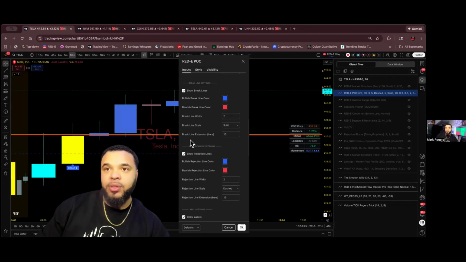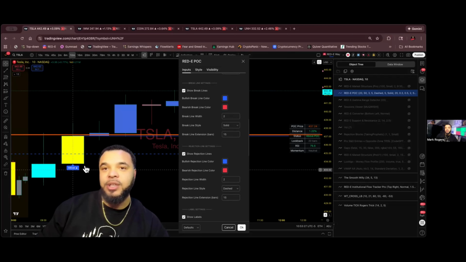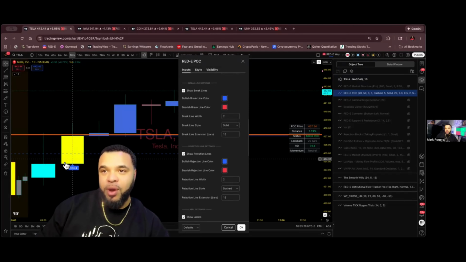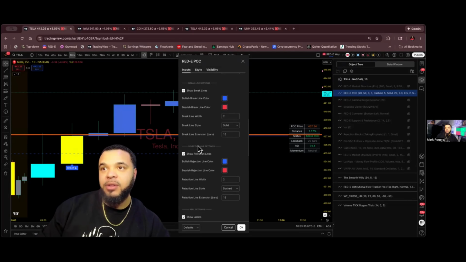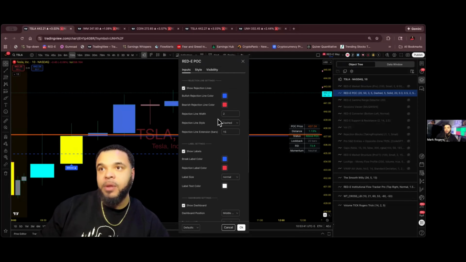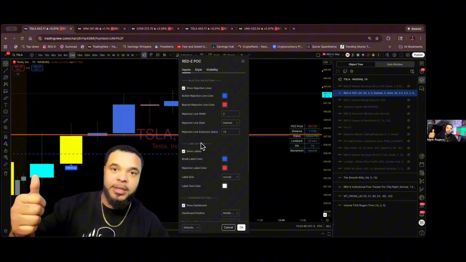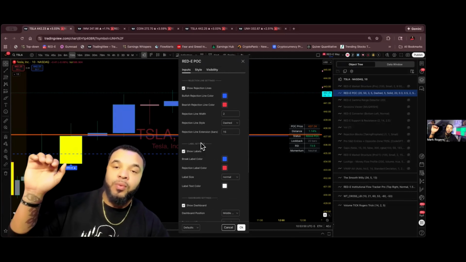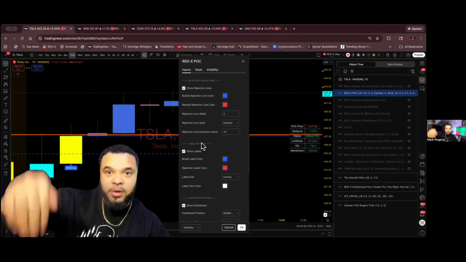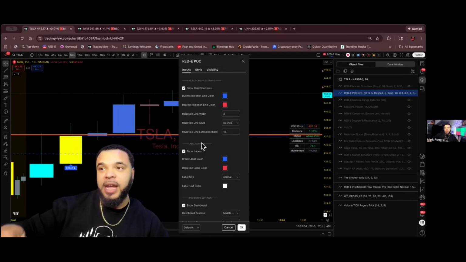When it breaks, you'll get the word break, and then it'll have an up arrow if it's bullish. If it's bearish, it's usually going to say rejection, or it'll be red with a break. So I have those colors distinguished there. And for the rejection lines, they're all dashed. It's going to be blue if it's bullish, a rejection for it to bounce to the upside, and red if it's a rejection down to the downside.